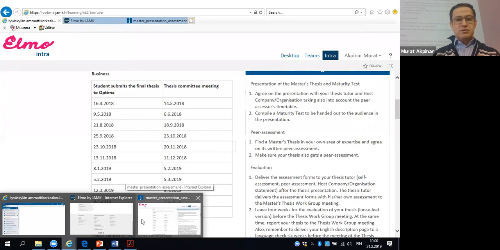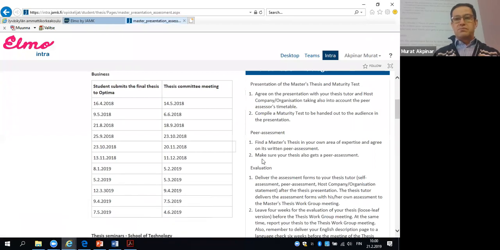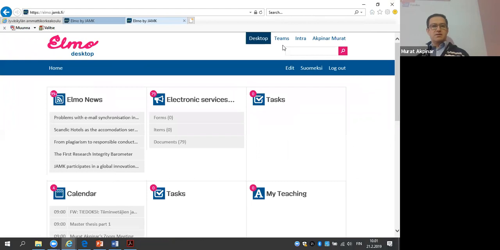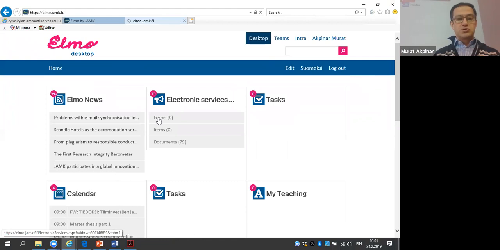For the electronic submission, you may be better seeing it on your computer. When you have the starting page on your computers, you have these forms. When you go to those forms, I see different forms. I don't see that form.